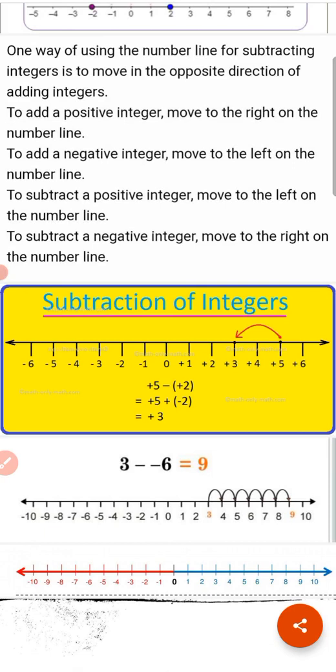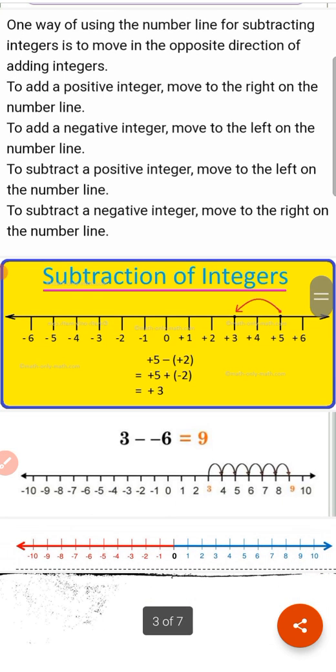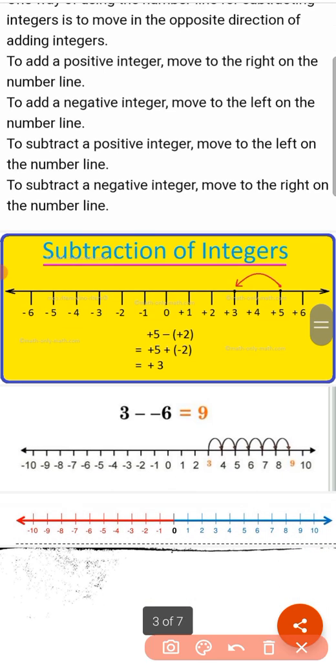Okay, let me explain this. Our next question is 5 minus positive 2.